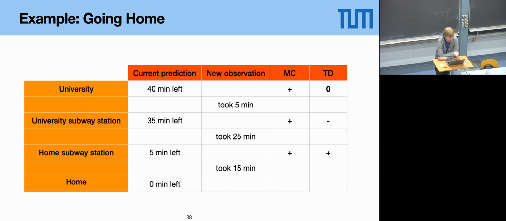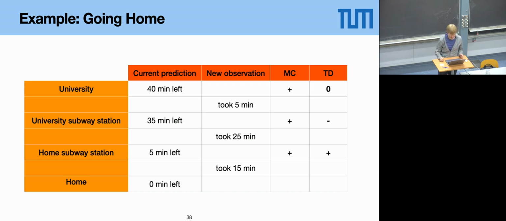And then if we go to the last part of going home, we have the home subway station where the predicted time is 5 minutes left, and here it takes us unfortunately 15 minutes. So in order to make it consistent, temporal difference learning would try to increase the home subway station prediction. And now the episode has finished, so Monte Carlo can also start doing something.